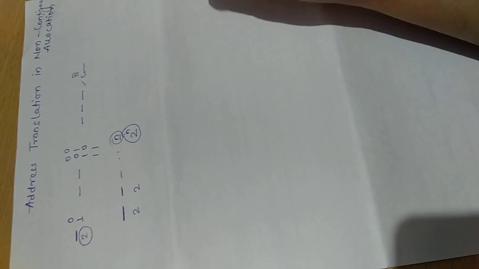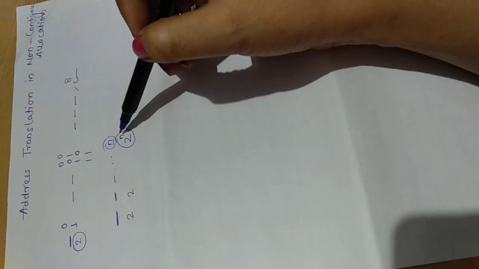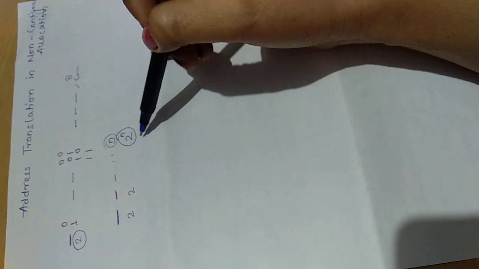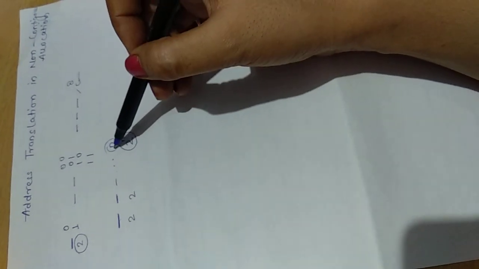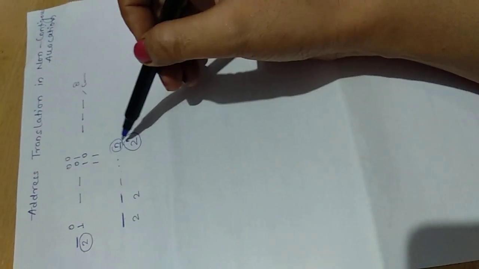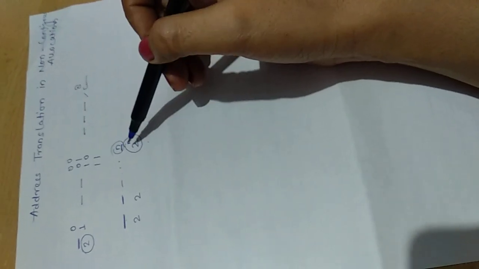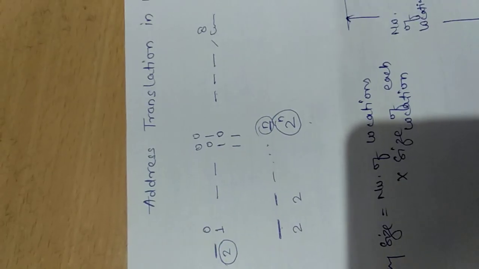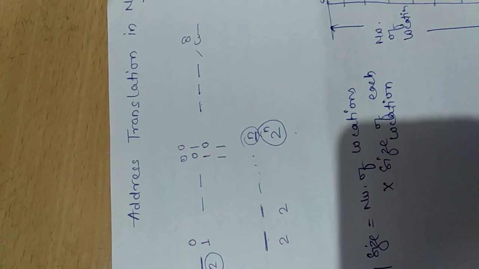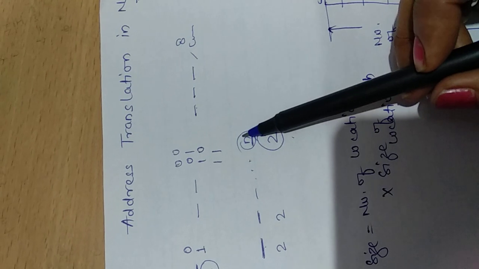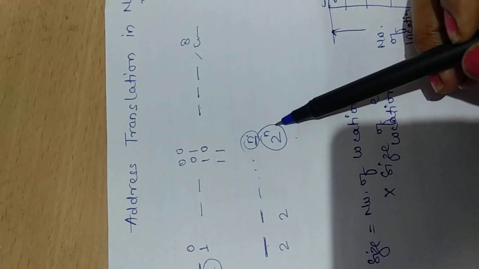So if you know the address is of n bits, you can definitely find out the size. But before actually calculating the size of the memory, first we have to find out the number of locations that can be made using n bits. So how many locations can be made with n bits? 2 to the power n locations. Understood? So if you have been given the number of bits, you can calculate the number of locations in the memory, right?